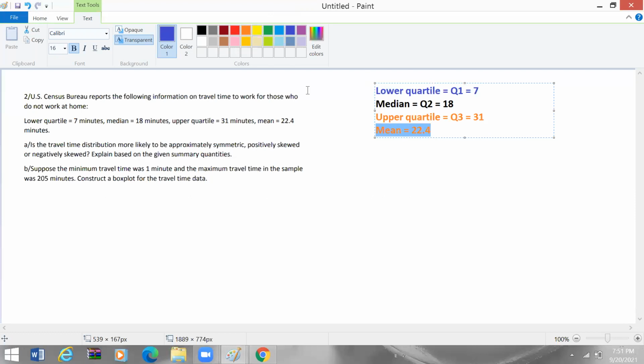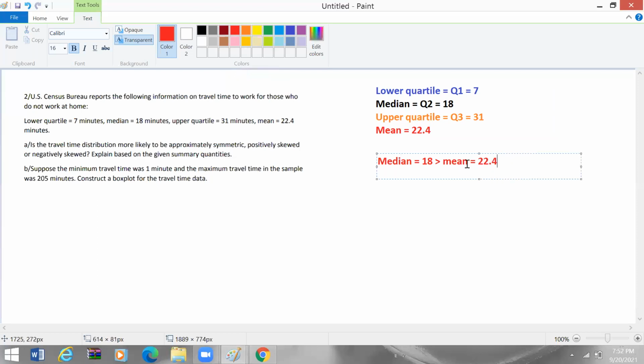So what do you think? So the mean is also called the average. So is the travel time distribution more likely to be approximately symmetric, positively skewed or negatively skewed? Okay, so we basically understand the fact that the median, equal to 18, is smaller than the mean, equal to 22.4. So what does that mean?